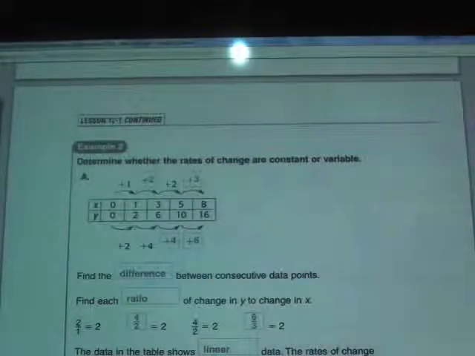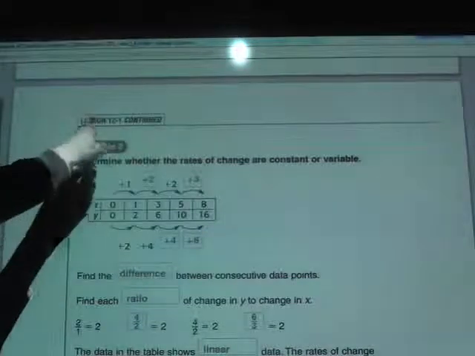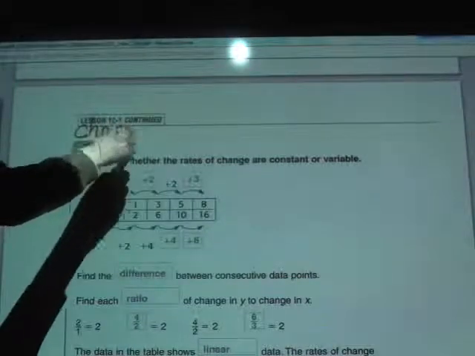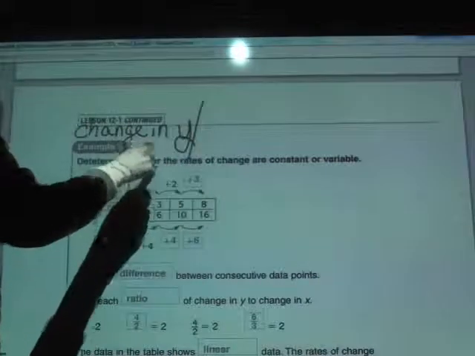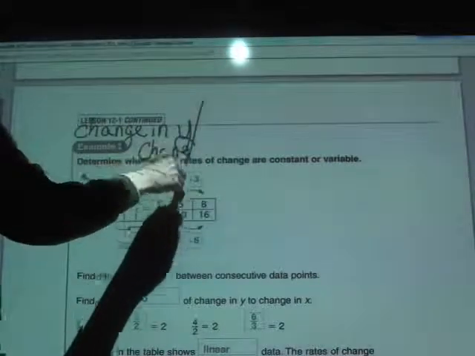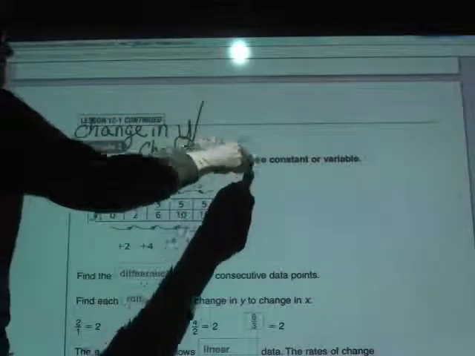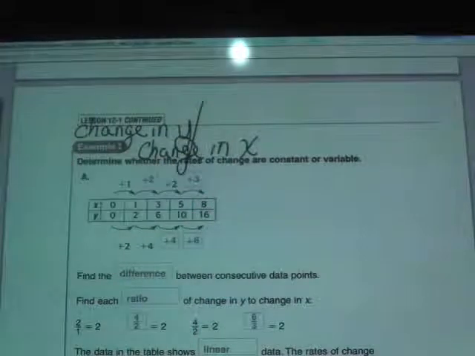Slopes always compare the change in y, or the change in y values, with the change in the x values. So even though it doesn't really have any significance right now in this particular isolated problem, we're going to do it that way so when we get there, we're not confused.